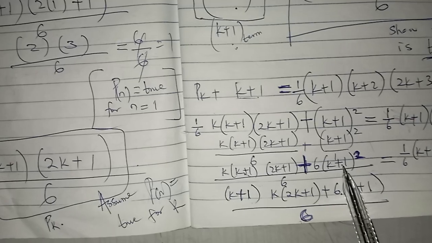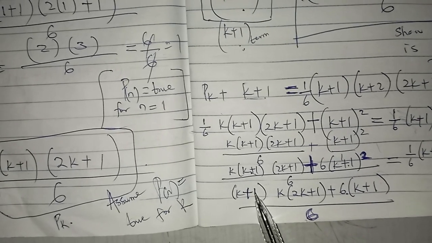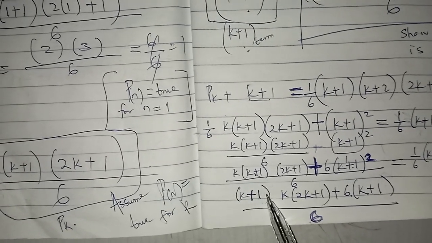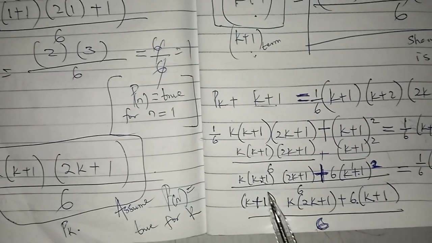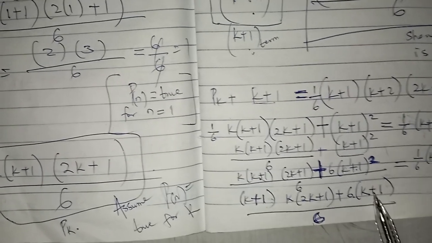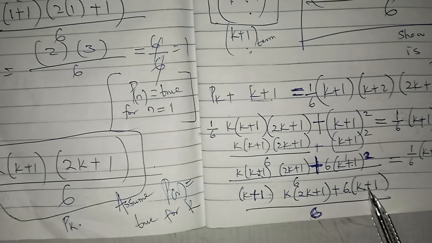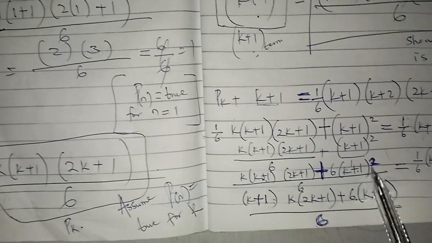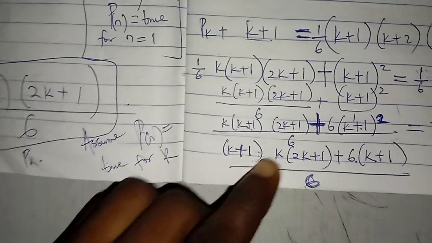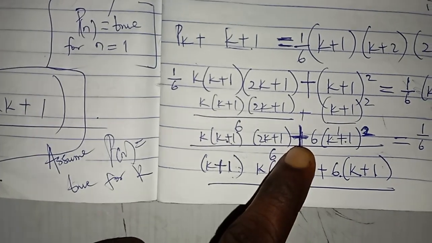And this k plus 1 that is here, notice that everything that's this k plus 1 that is here can still come and times this, and it will give you this. Remember that it is plus that is separating them.